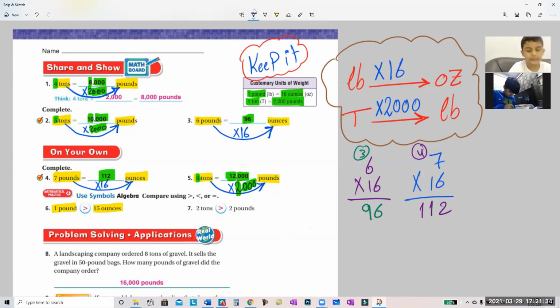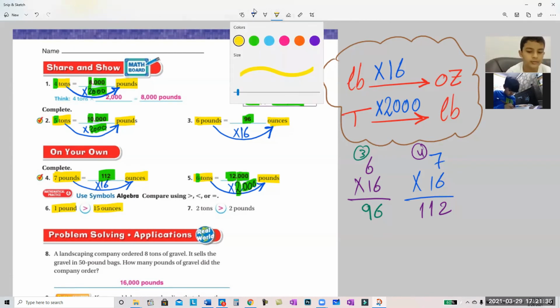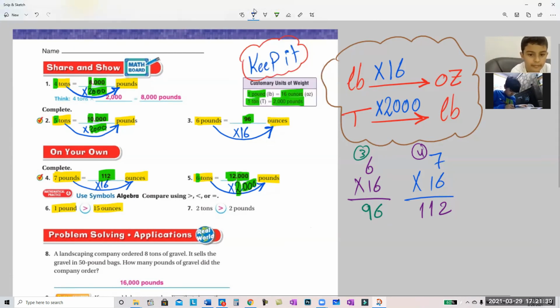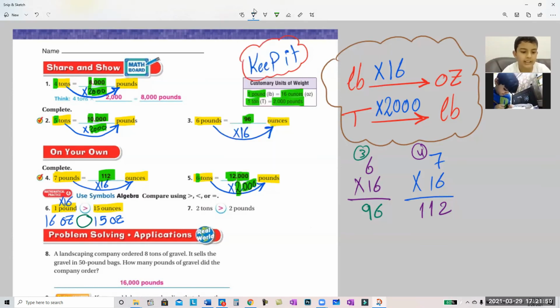So we keep the small unit, so it will be 15 ounces. And what about the pound? We need to write it with ounces: 16 ounces, because we multiply by 16. Which is greater, 16 ounces or 15 ounces? 16, of course. So 1 pound is greater than 15 ounces. Thank you so much, Ibrahim.